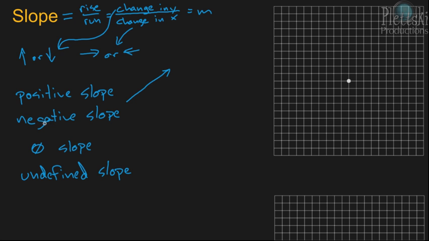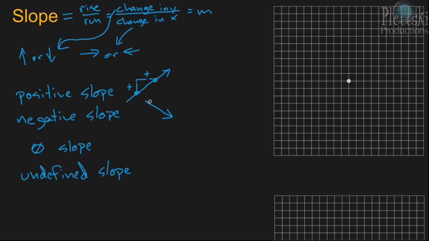Now, if you read it from left to right and it looks like it's going down, that's going to be a negative slope. And why that works is if you had 2 points, if you go up, your change in y is going to be positive, and your change in x is also going to be positive.